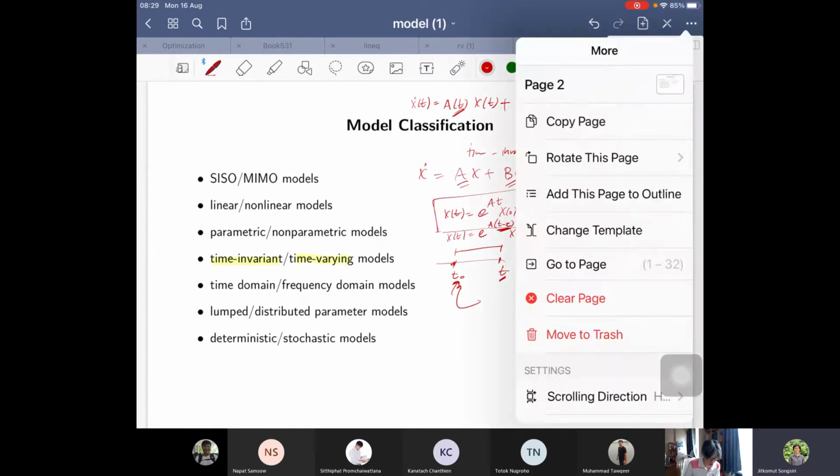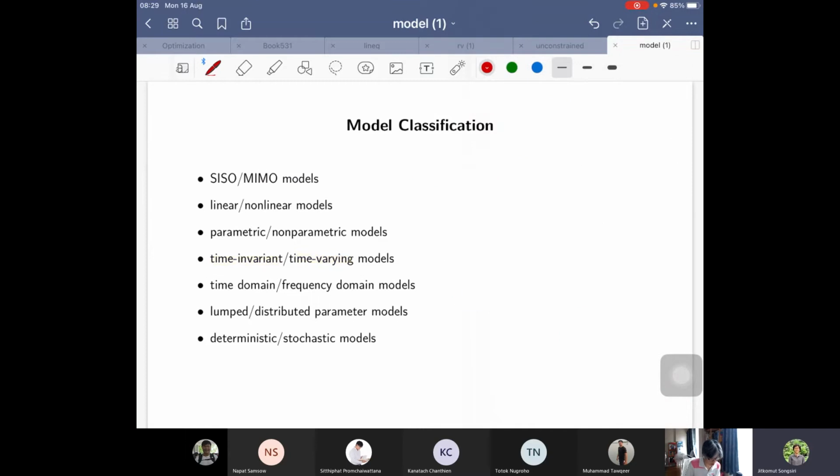The model can also be regarded in two domains, time domain or frequency domain. For time domain, you look at the time domain equation, like the state space equation. This is one of discrete time. For frequency domain, you look at the representation in the Z domain or S domain.